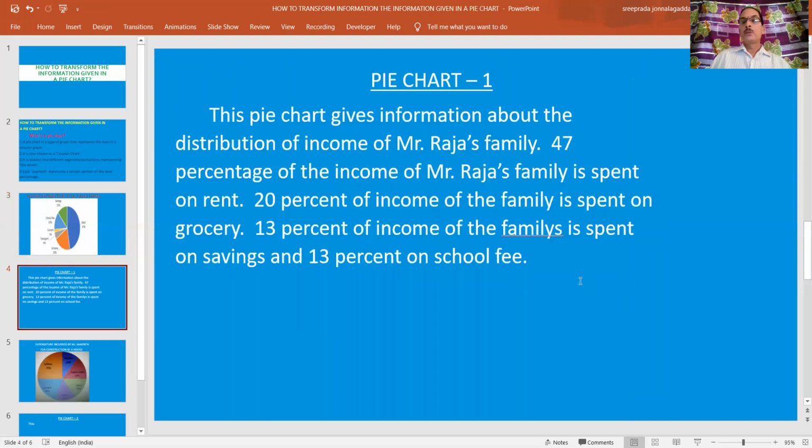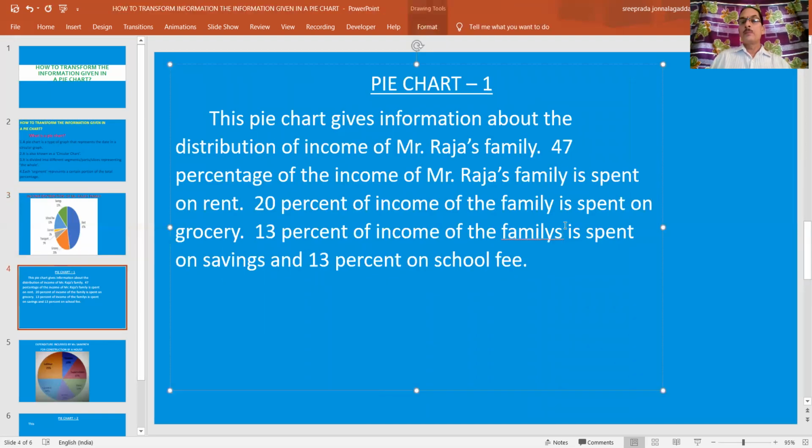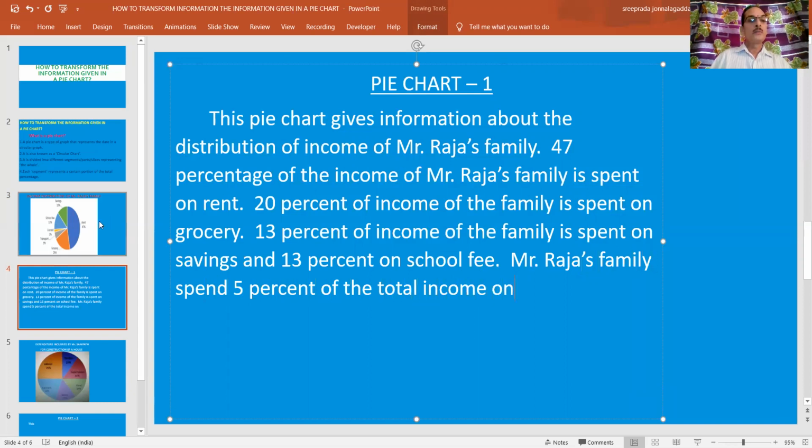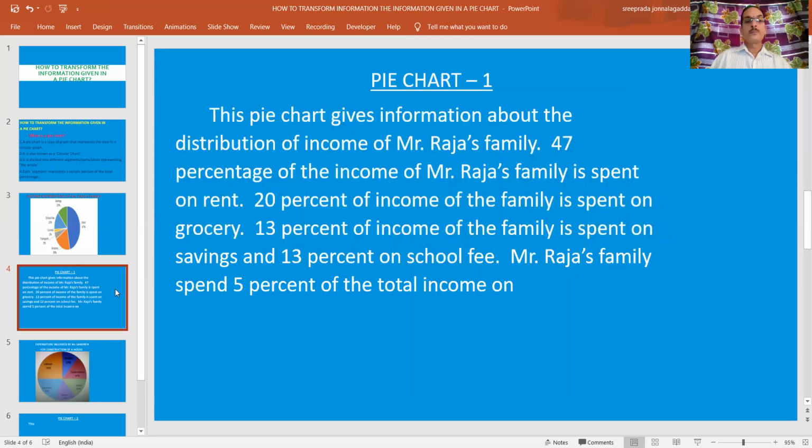So you can change the sentences: Mr. Raja's family spend 5% of the total income on what? 5% of the total income on transport.